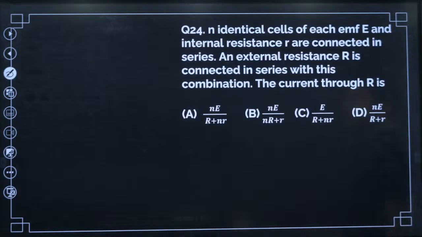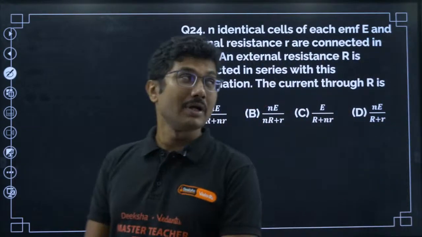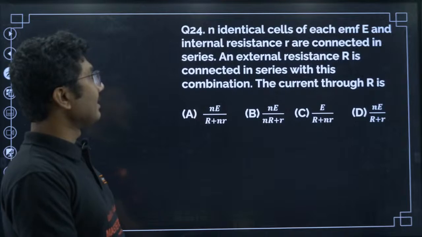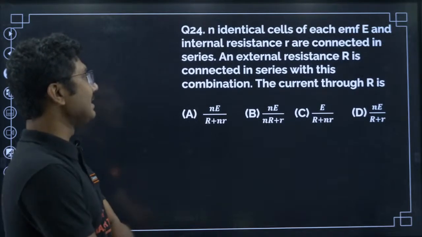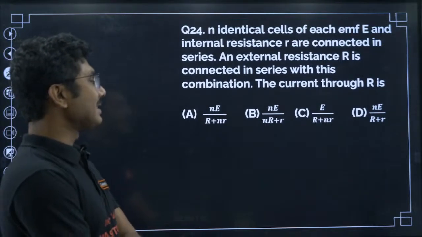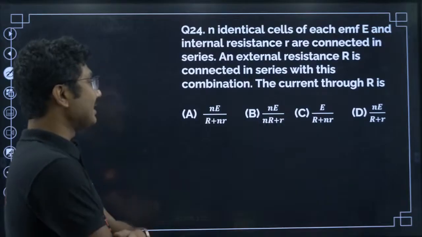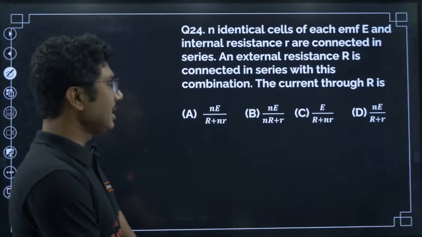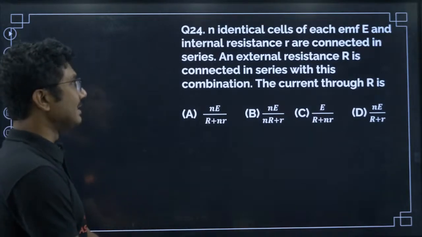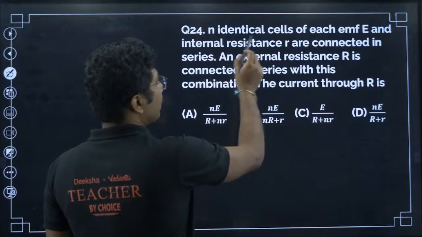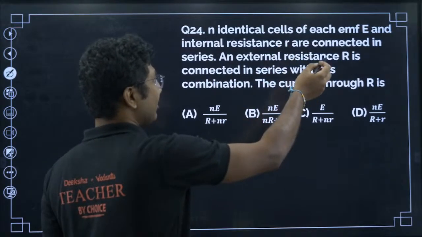Now let's go to the next question. Question number 24. Identical cells, each of EMF E and internal resistance r, are connected in series, and an external resistance R is connected in series with the combination. The current through R is? So they are all connected in series, not parallel.